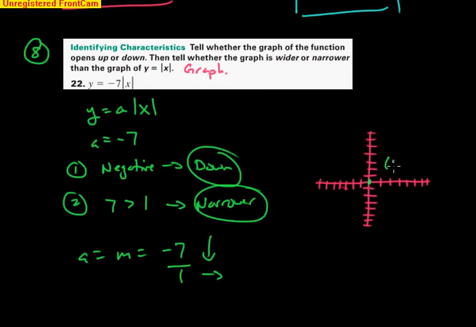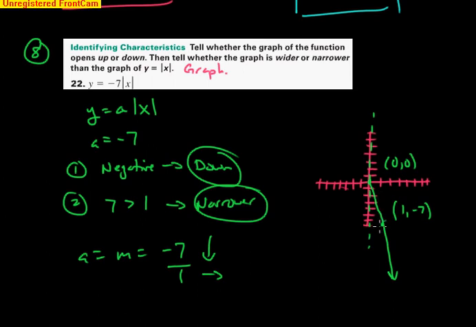So first off, 0, 0 is the vertex of all these absolute values. And then we're going to go down 7, 1, 2, 3, 4, 5, 6, 7, and to the right 1. And that gives me the right side of my graph. And I like to label these points. From here, go to the right 1, and down 7. That's the point right there. 1, -7. Now, there is symmetry.